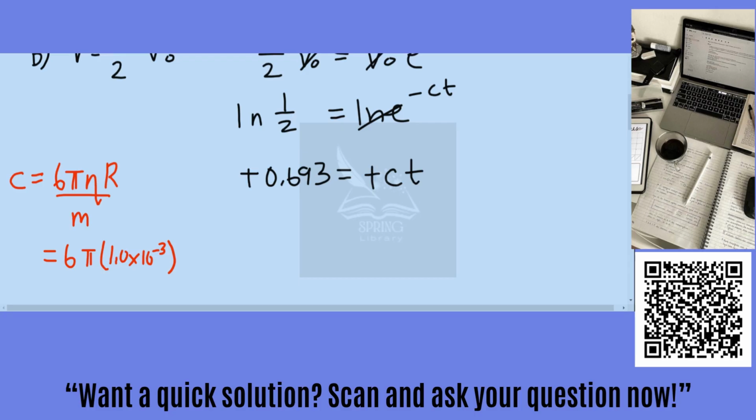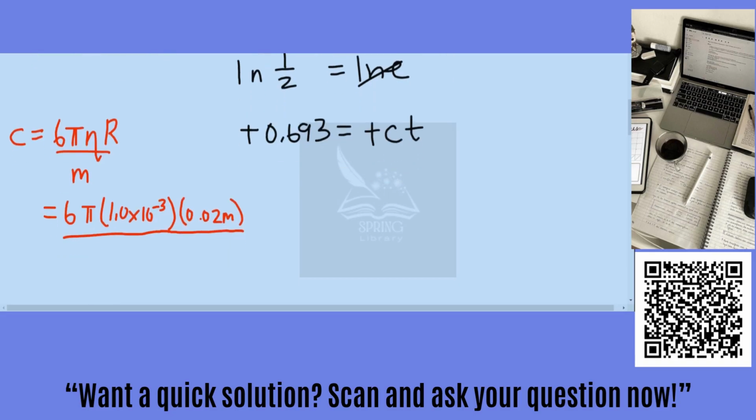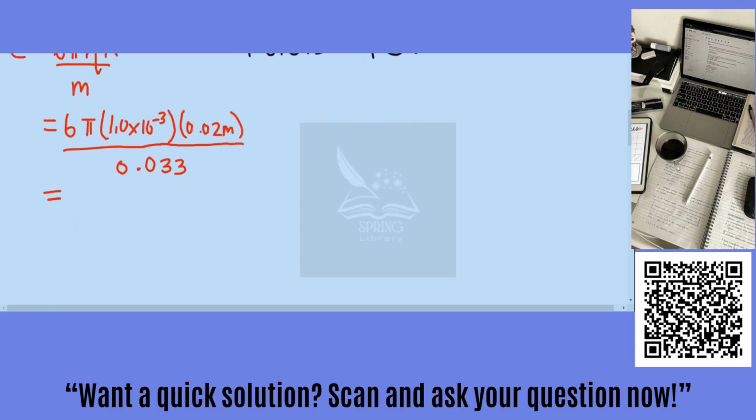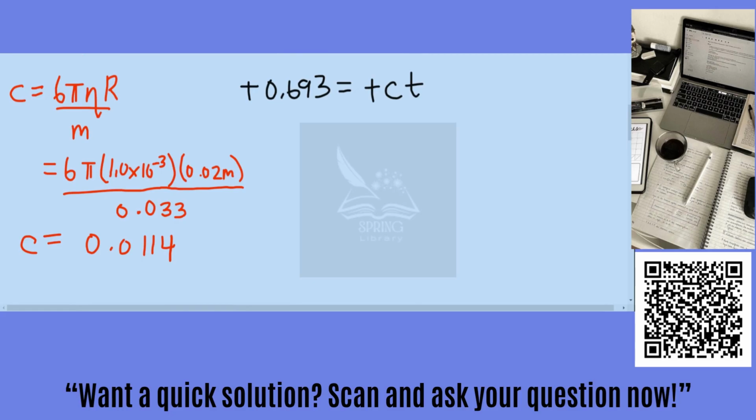So 4 centimeters is the diameter, 2 centimeters is the radius, so 0.02 meters, all over the mass, which is 0.033. And so when we put that all into the calculator, we get a value for C here of 0.0114.